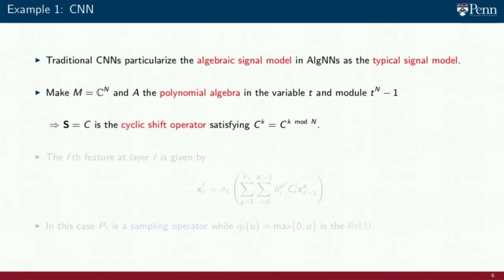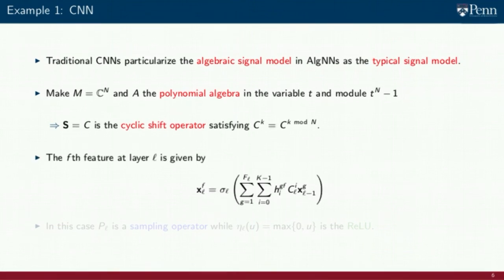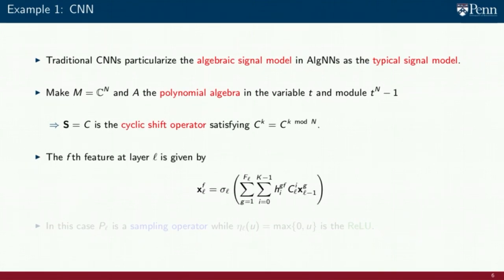And S equals C is the cyclic shift operator satisfying C to the power of k equals C to the power of k modulo n. Substituting the above definition then yields the operation of the traditional CNN layer. In this case, the pooling operator P sub L is a sampling operator, while the nonlinearity eta sub L is the ReLU function.